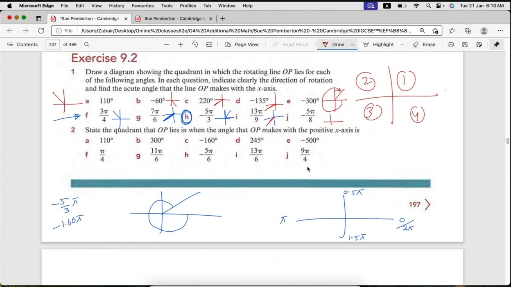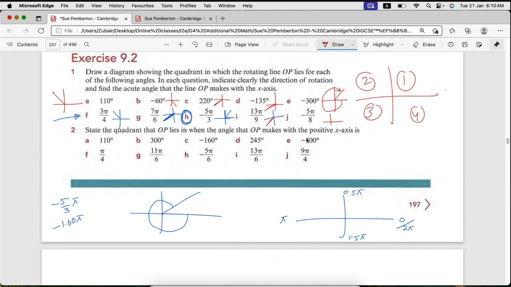Last one. 5 by 8. 0.625, and that is right after 0.5, but it's negative, so it's in the fourth quadrant.